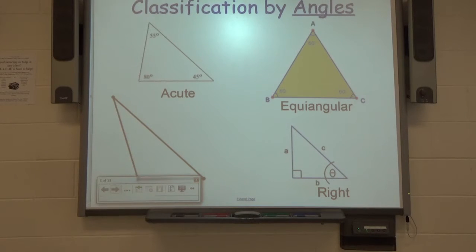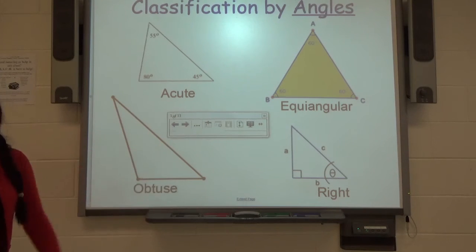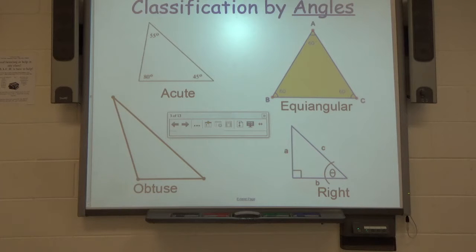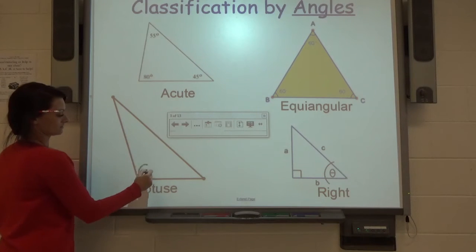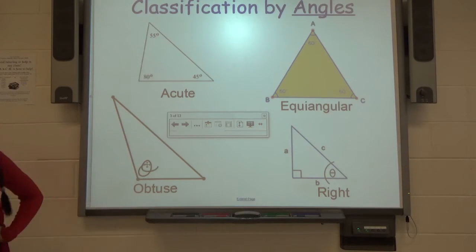If I talk about classifying these triangles by different angle measurements, I have an acute triangle. That's where all three angles are going to be less than 90 degrees. I have an obtuse triangle where there's one angle, we'll call that angle theta, that is between 90 degrees and 180 degrees.